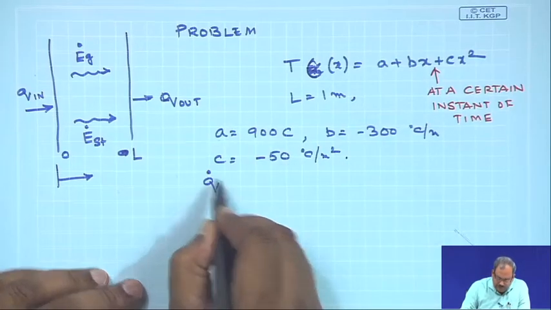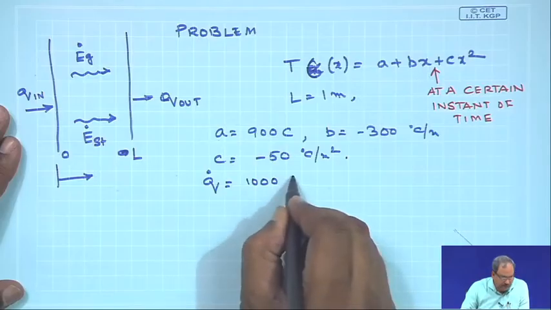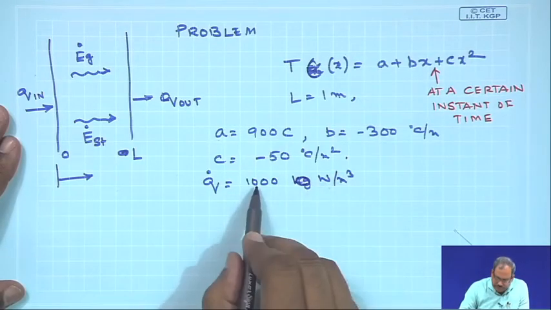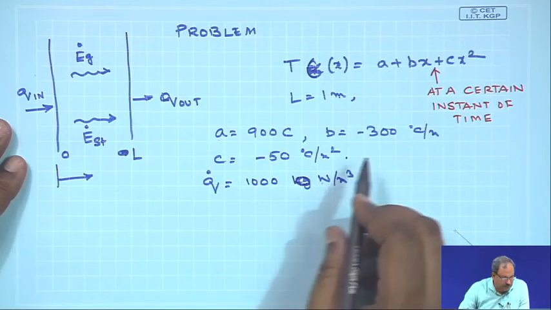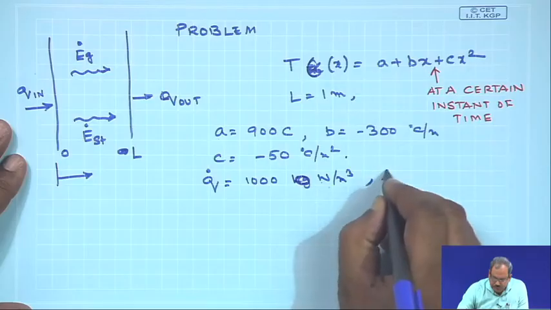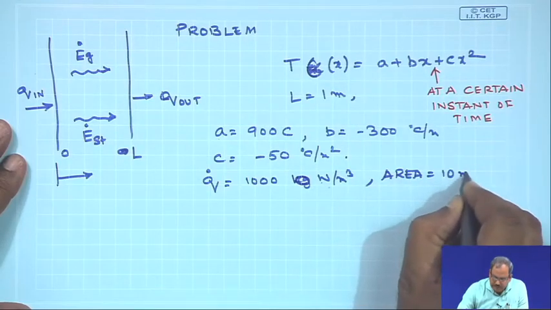The value of Q dot, which is the amount of heat generated inside the system, is 1000 watt per meter cube. So, this is heat generation per unit volume, and the area of the wall is 10 meters square.